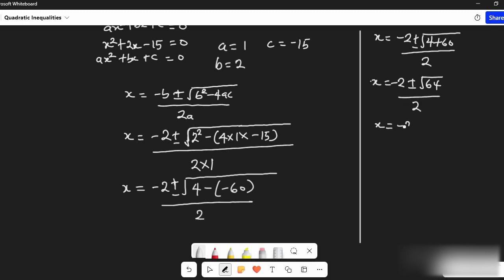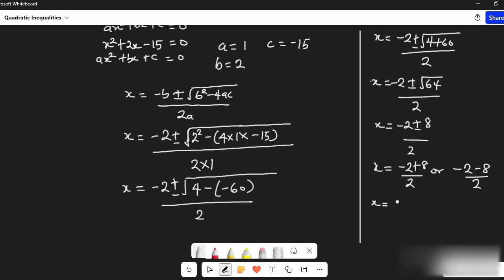And x equals minus 2 plus or minus 8 over 2. The square root of 64 is 8. So x equals minus 2 plus 8 over 2, or minus 2 minus 8 over 2.